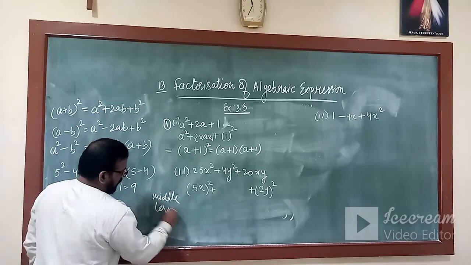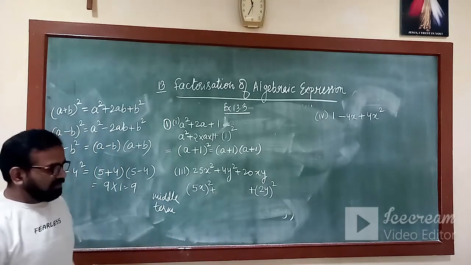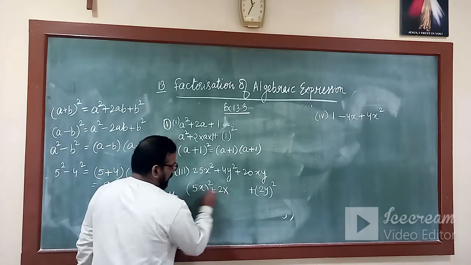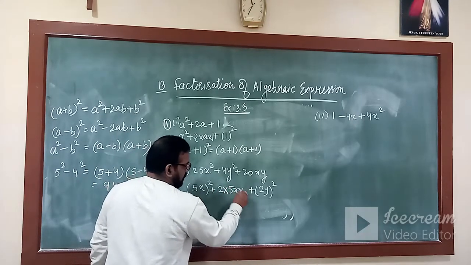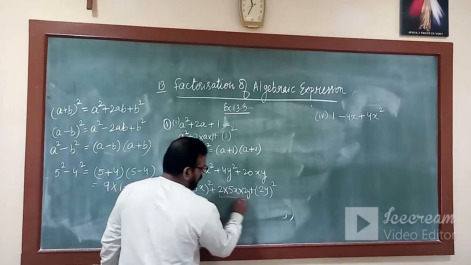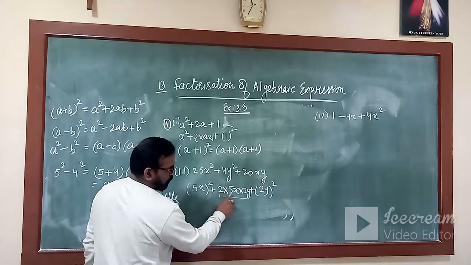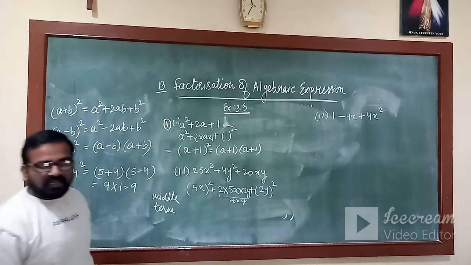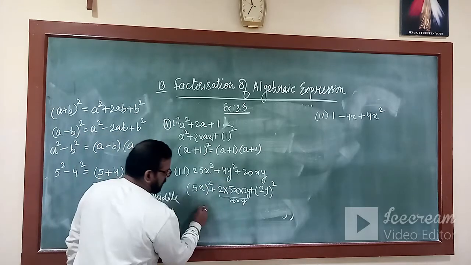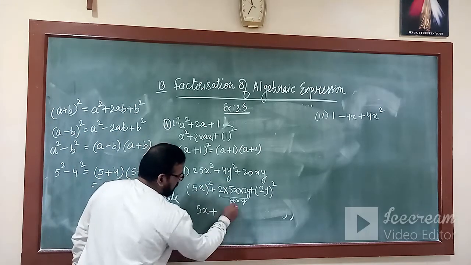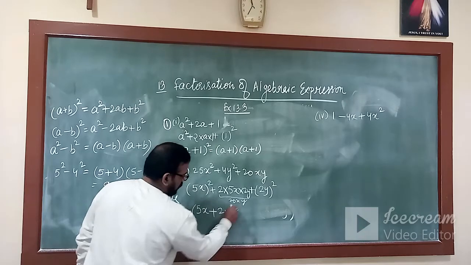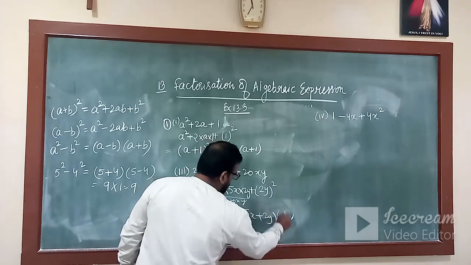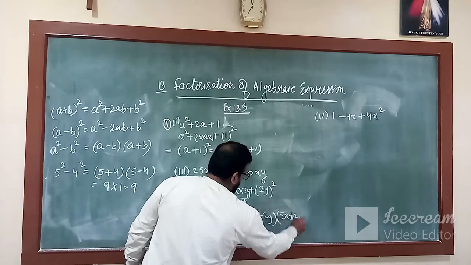If a square and b square are satisfied, then middle term should also satisfy. That means 2a is 5x, b is 2y. Now if you multiply it, what you will get? Say 2 into 5, 10 into 2, 20xy. That means what actually it is written? It is actually written 5x plus 2y whole square, or 5x plus 2y into 5x plus 2y.